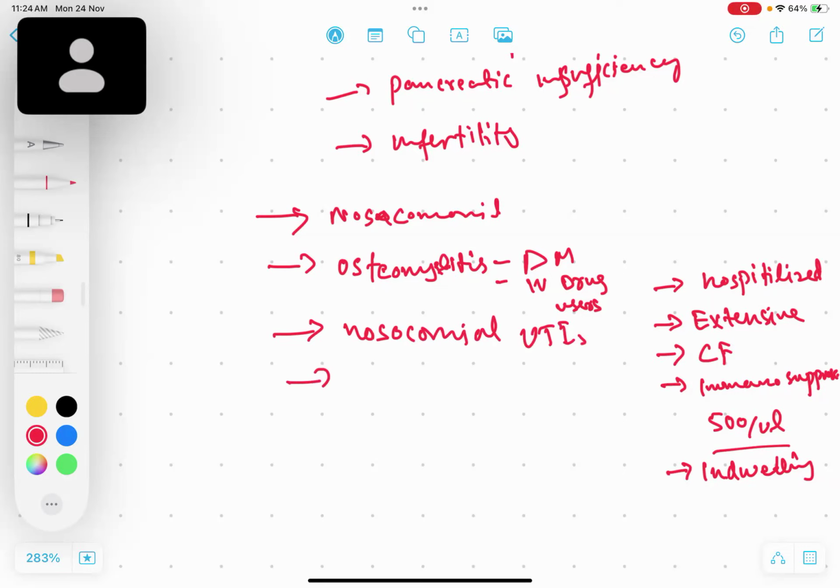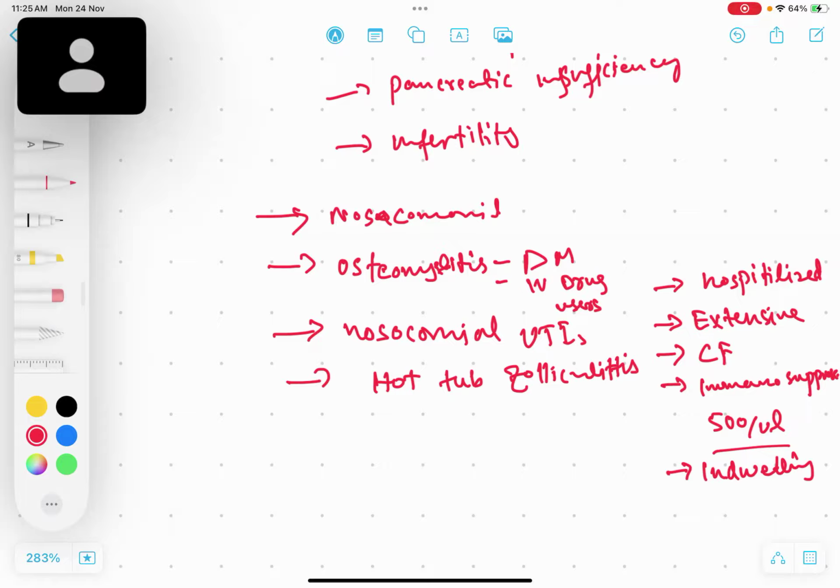It also causes a skin disease called hot tub folliculitis. So, for example, those waters, pool water, which are not chlorinated, can be an important reservoir for Pseudomonas aeruginosa.